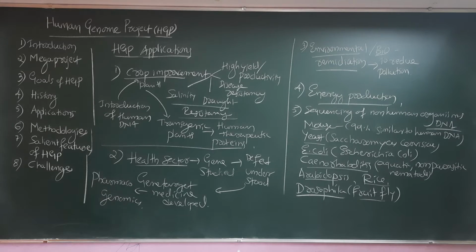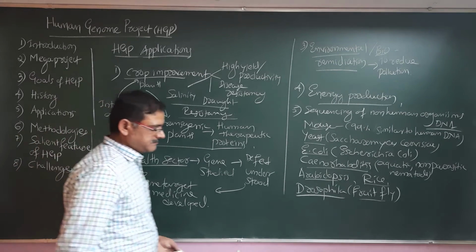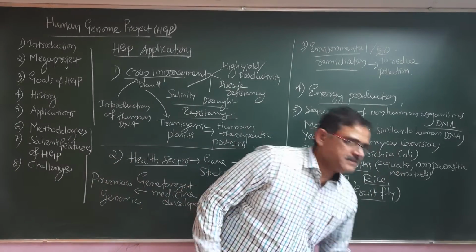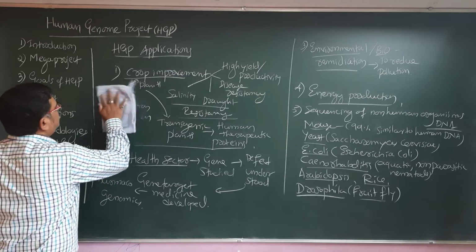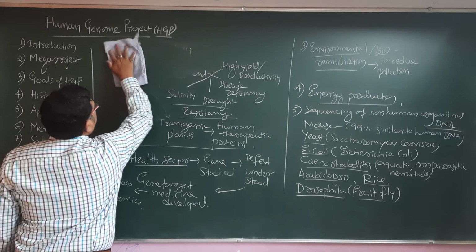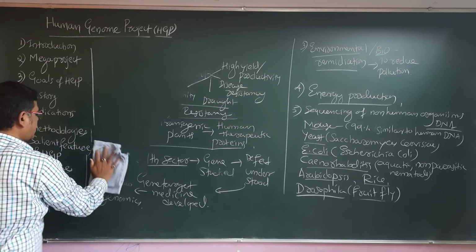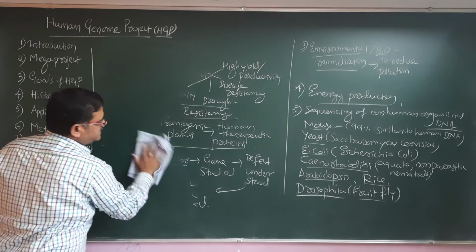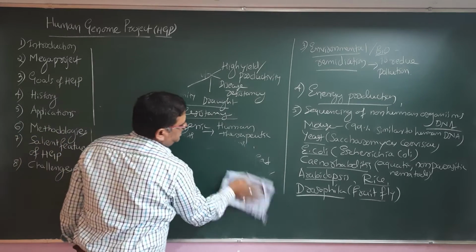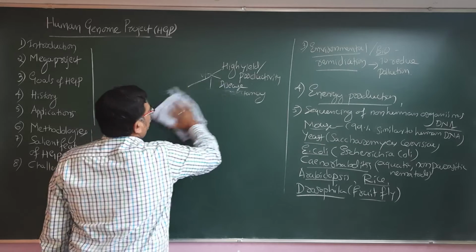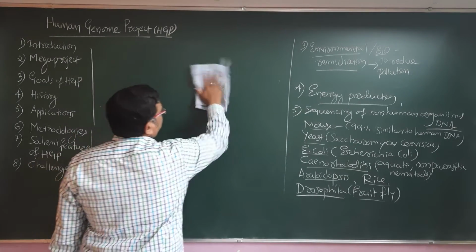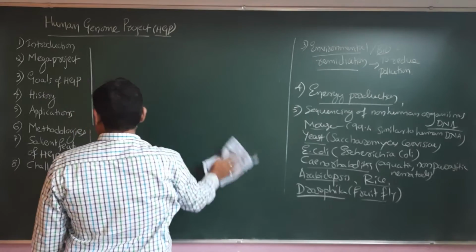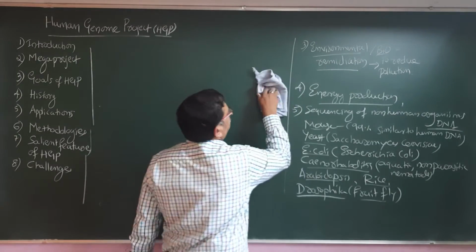Well, let us go ahead now with the further study of the Human Genome Project. Mainly we need to understand what kind of methods have been utilized. So methodologies we need to understand. These methodologies are very important here, and then we will discuss the salient features and the challenges of the Human Genome Project.